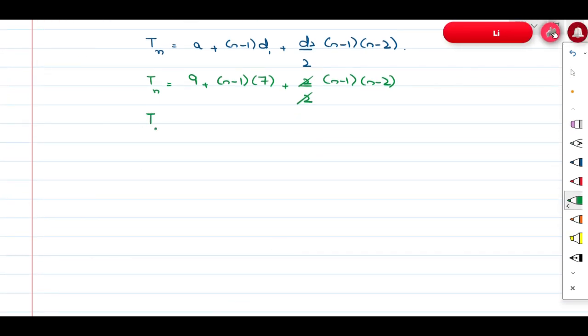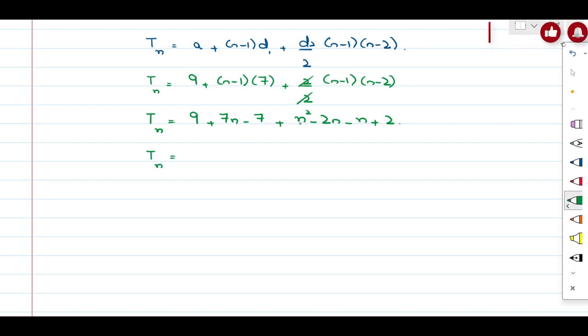Further simplification: the nth term is equal to 9 plus 7 times n minus 7, plus the product (n minus 1)(n minus 2), which is n square minus 2n minus n plus 2. So n times n is n square, n times minus 2 and minus 1 times n gives minus n, and minus 1 times minus 2 is plus 2. We have one square term, so n square.